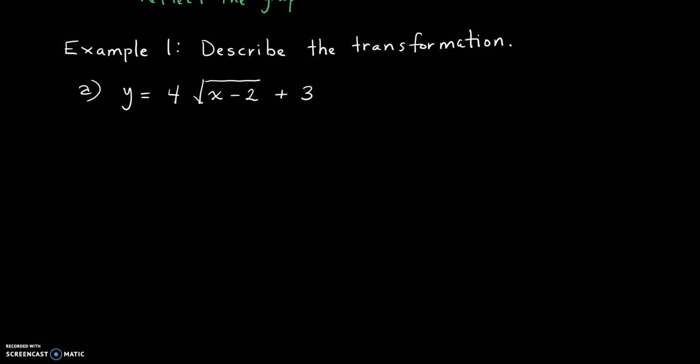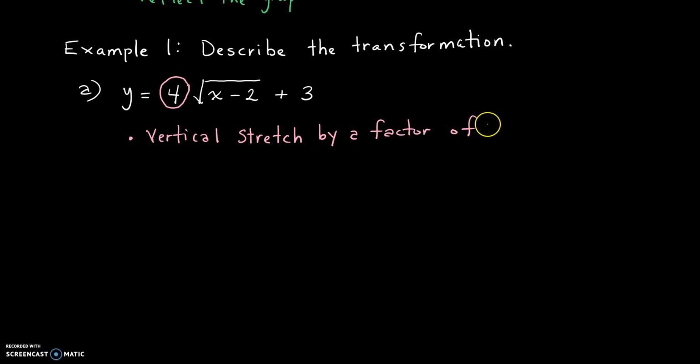Let's start from left to right. The number in front, right here, this 4, is bigger than 1. So remember that number tells us, so I'm going to circle it, that we're going to have a vertical stretch, because it's bigger than 1, by a factor of 4.